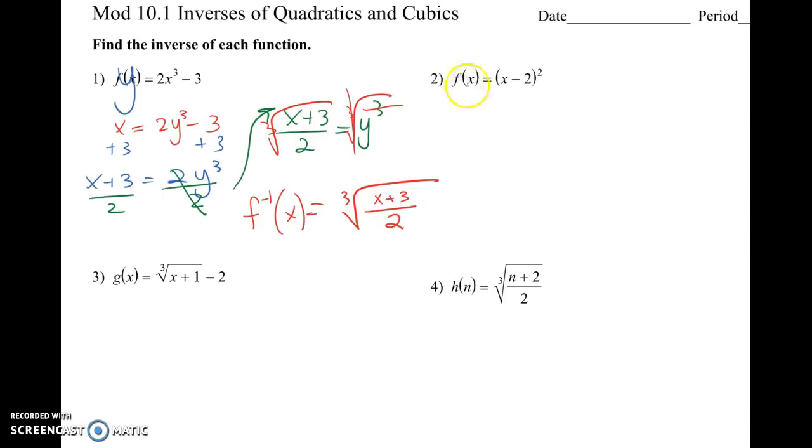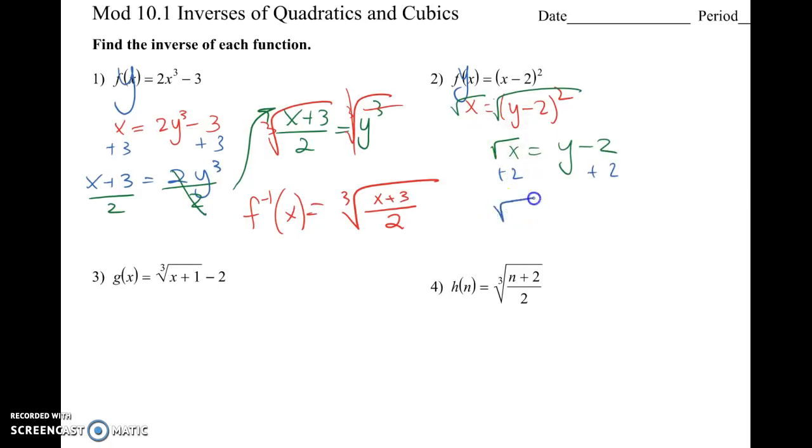For number 2, same thing. This is y, so I'm going to switch my x and y and solve for y. In order to get rid of the square, I have to take the square root, and I get the square root of x equals y minus 2.